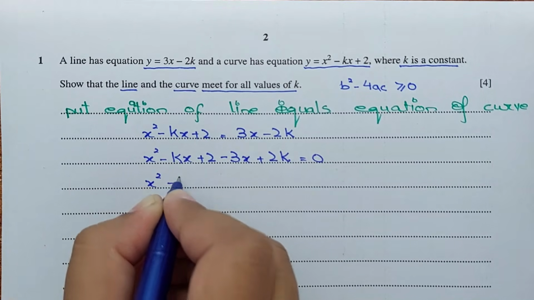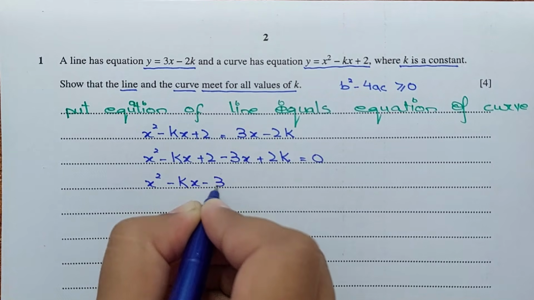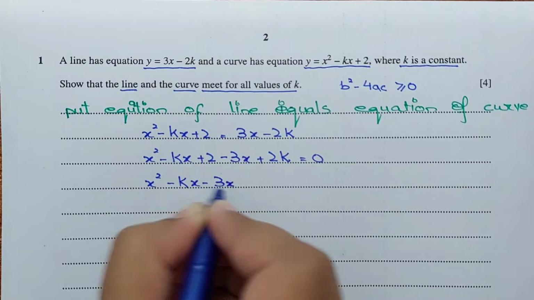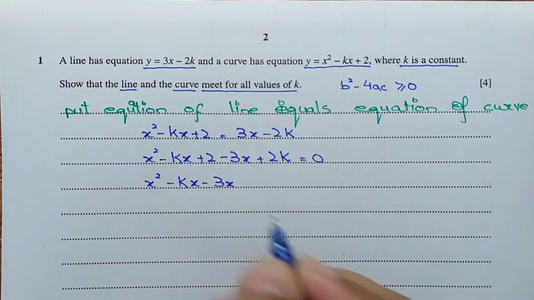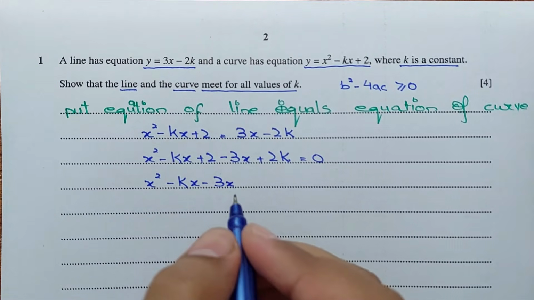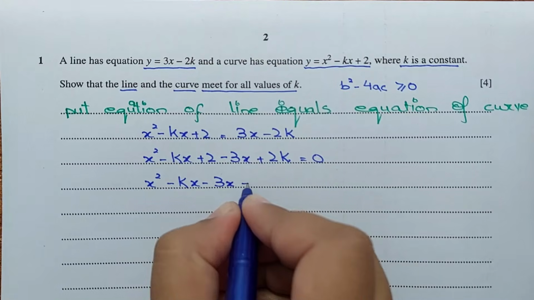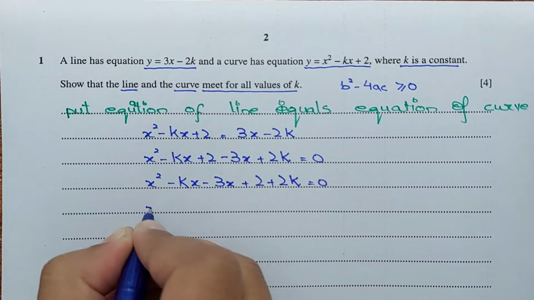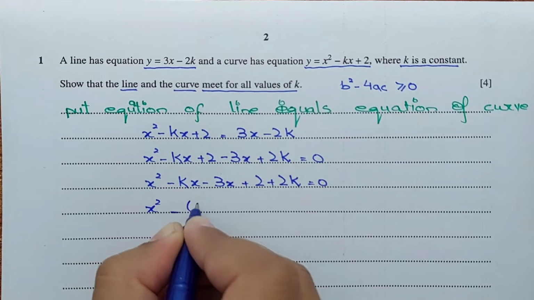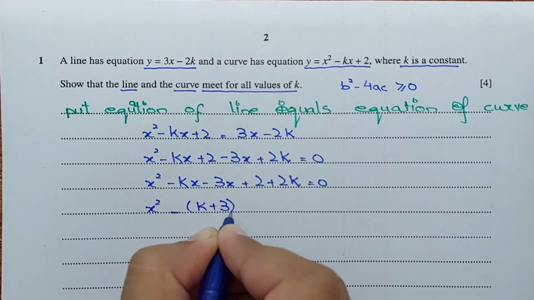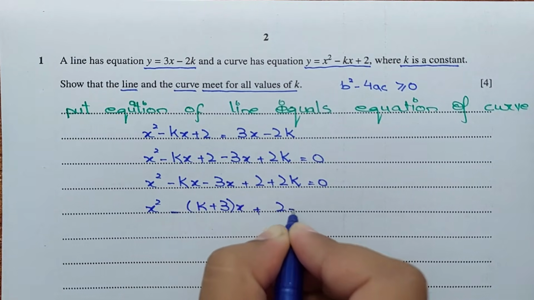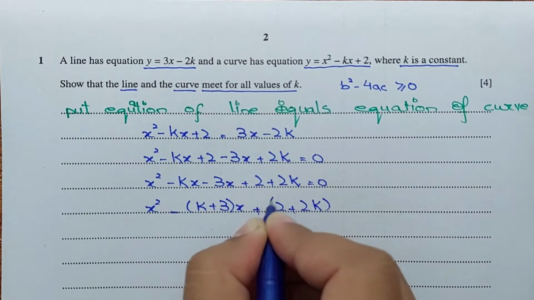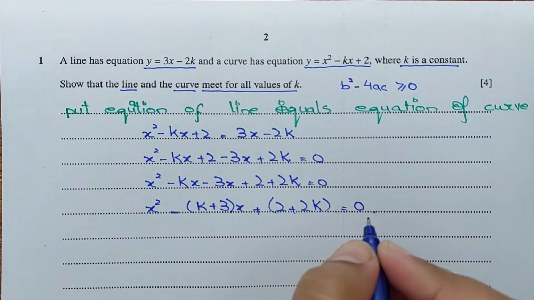So x square, minus kx and minus 3x are the x terms, and 2 and 2k are the constant terms. Now we can say x square minus (k plus 3) x, where k plus 3 is the coefficient of x, and 2 plus 2k is your constant term, equals to 0, right?